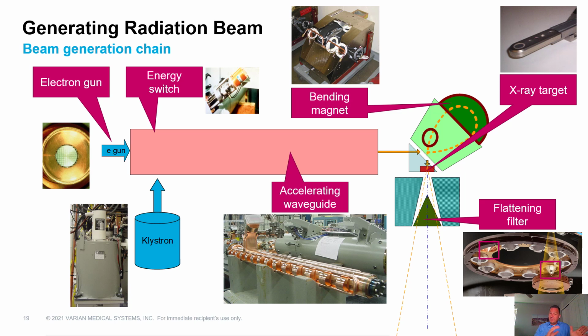Next, once we get down that waveguide, Varian's bending magnet is next. And the bend magnet also features what we call plus or minus 3% energy slits, ensuring that the beam stability is there. Energy slits filter the electron beam to a tighter, more specified energy bandwidth. The tighter the energy bandwidth, the more stable the beam.